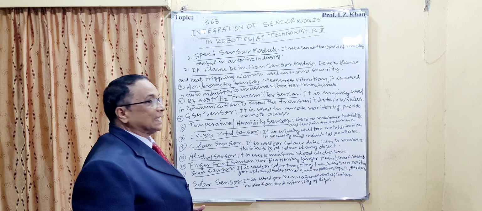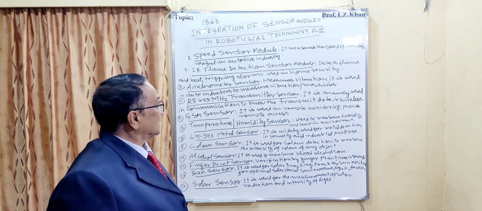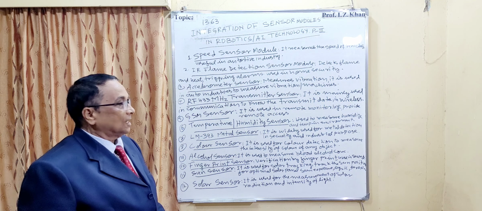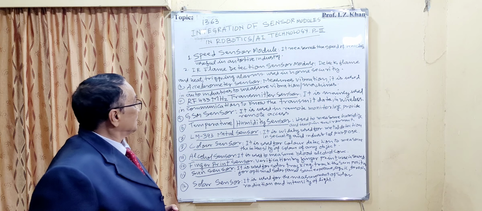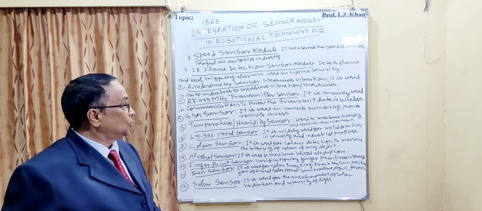Number two, that is the IR flame detector sensor module. It detects the flame and heat, triggering alarms. By triggering the alarm, you will know that there is some chance of flame, used in home security and smart homes.